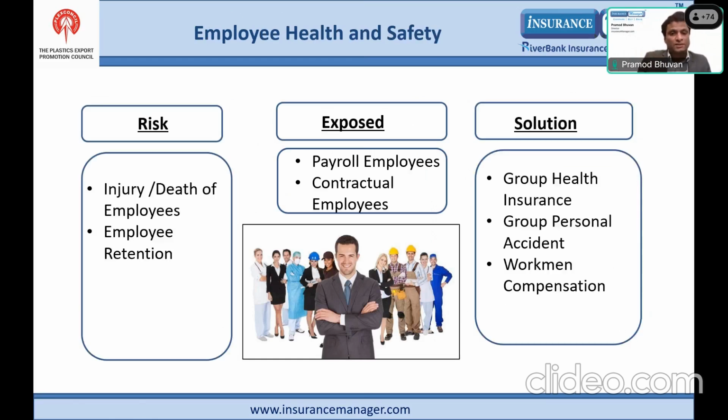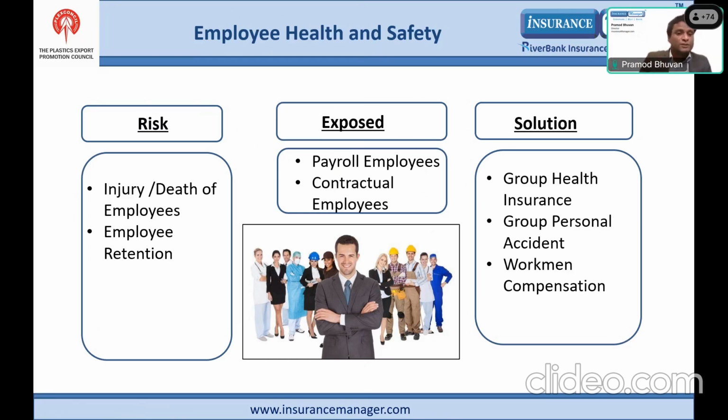The third aspect is, of course, employee health and safety, very important. Even in the manufacturing industry, especially in the last 3-4 years, we have seen a lot of realization on the kind of benefits that should be offered. We have been asked to benchmark the policies vis-a-vis the competition and the industry. The exposed are the payroll employees and also the contractual employees.